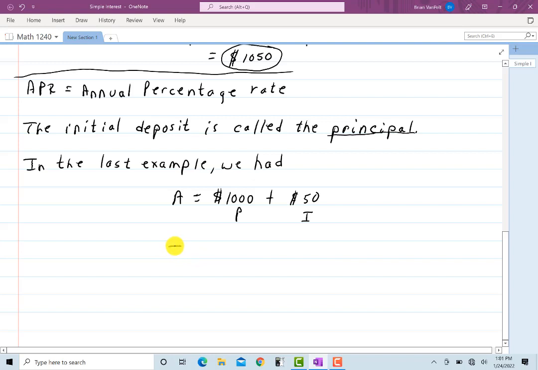Well, let's take a look first of all at the I. That was equal to the $50, but what I did is I did 5% of $1,000. Okay, and I changed it to 0.05 times 1,000.